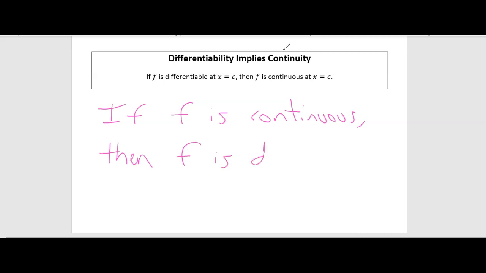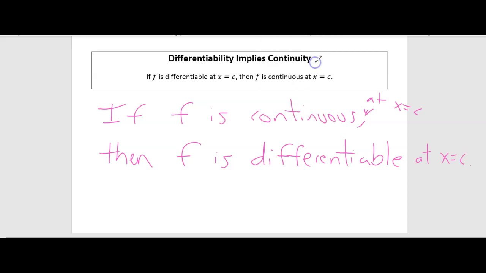Now we have to be careful here. What this is not saying, this does not mean that if f is continuous, then f is differentiable, at x equals c.